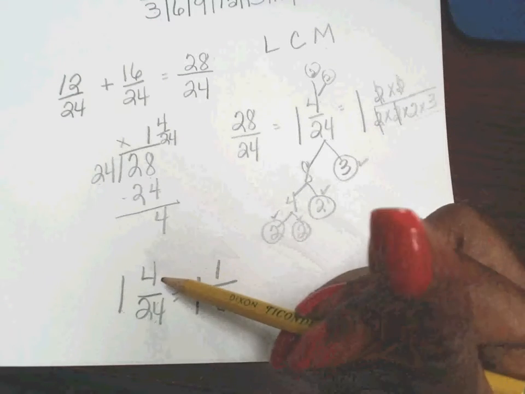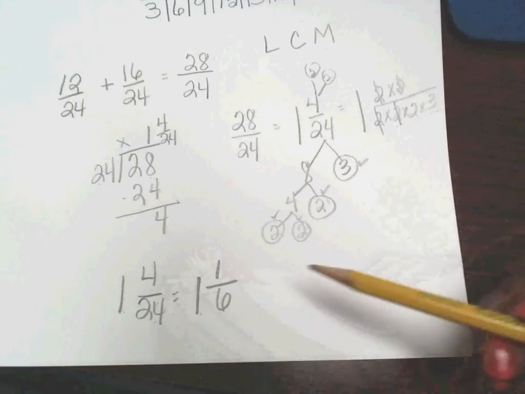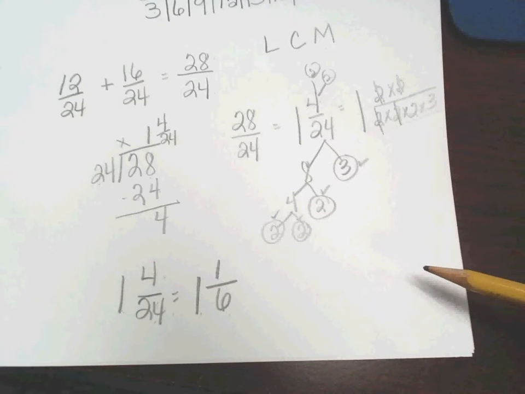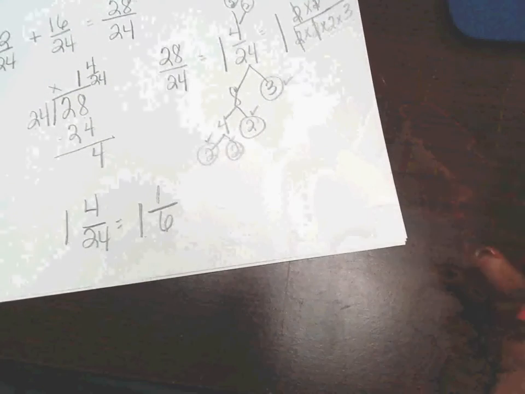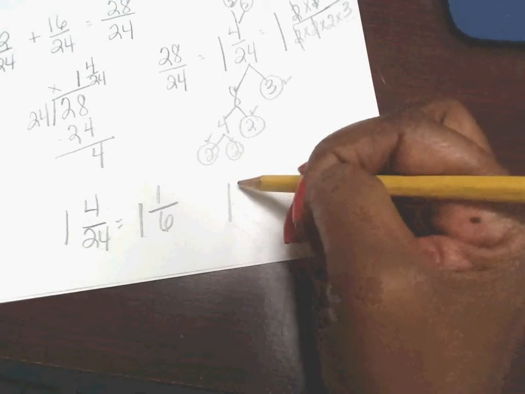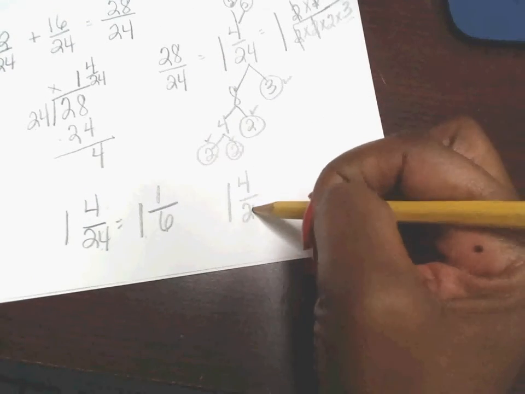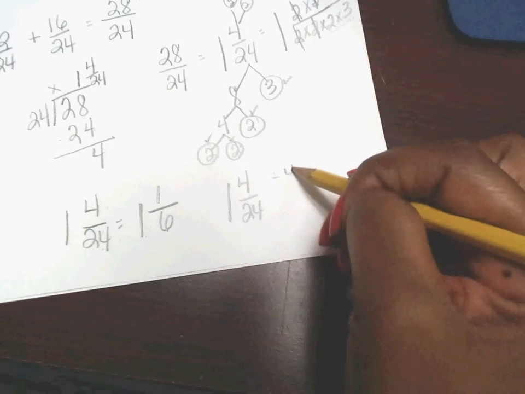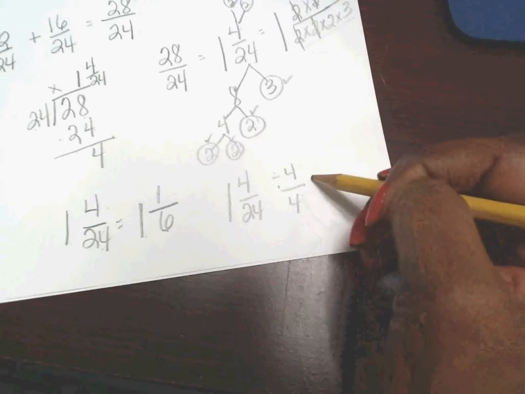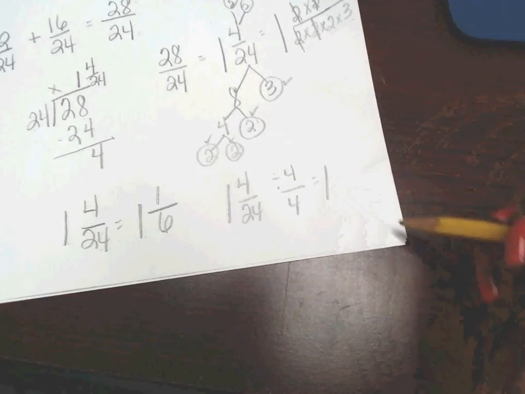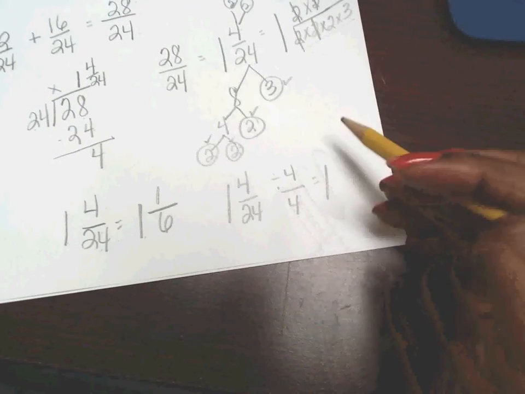Okay? Your parents probably know how to do this by dividing the numerator and the denominator by the same number. We could have divided them both by 4 and we would have gotten the same thing. This is how that looks. Okay? So 1 and 4 over 24. You could divide the numerator and the denominator by 4. Then you would have your whole 1.